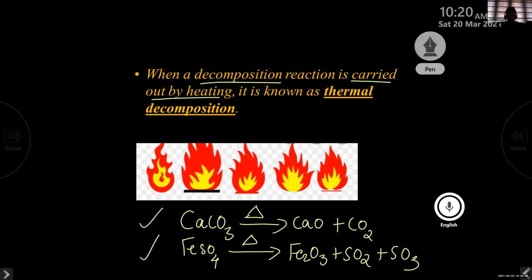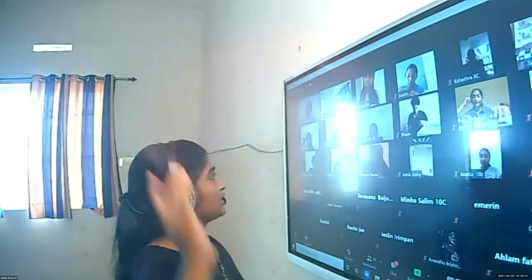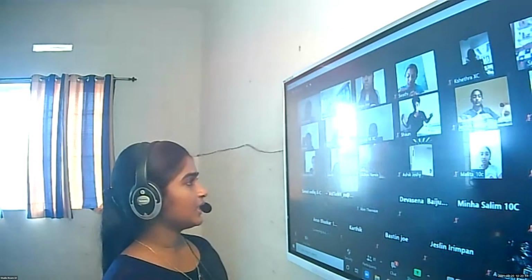Then FeSO4 produces Fe2O3 plus SO2 plus SO3. Okay, thank you very much. So these are the examples for thermal decomposition.